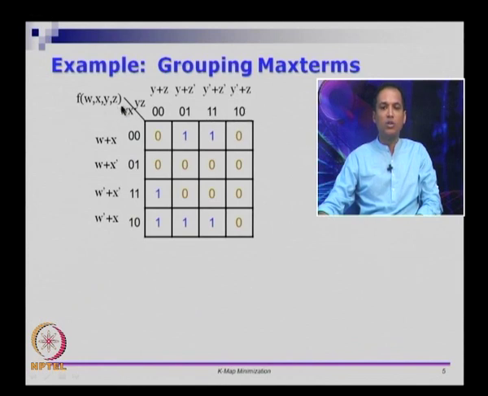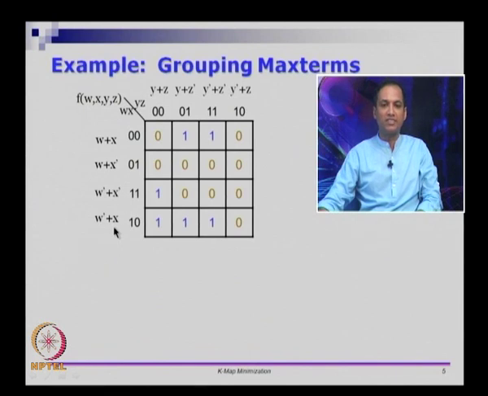They correspond to wx and yz, but the interpretation of the rows is now going to be different. So, 0 0 corresponds to the sum term w plus x, 0 1 corresponds to the sum term w plus x bar, this corresponds to w bar plus x bar and this corresponds to w bar plus x.